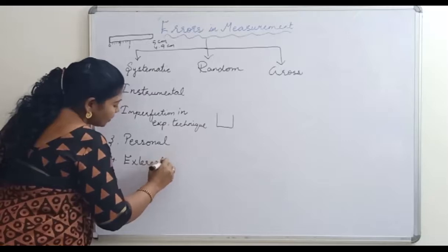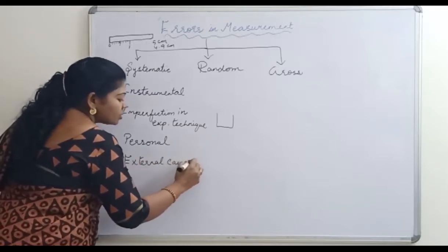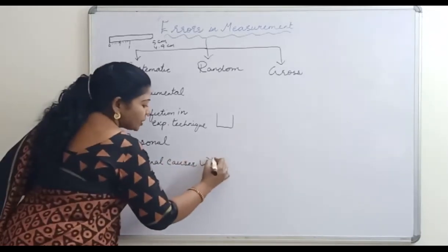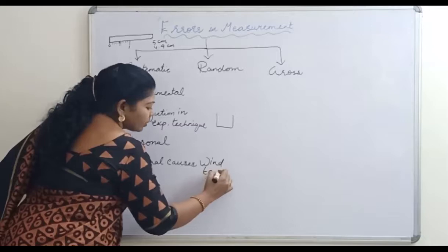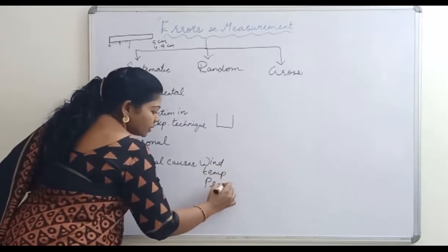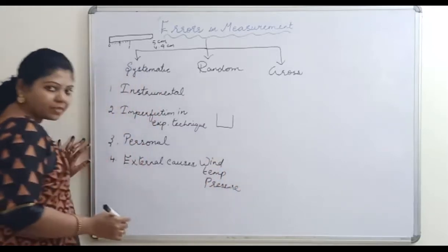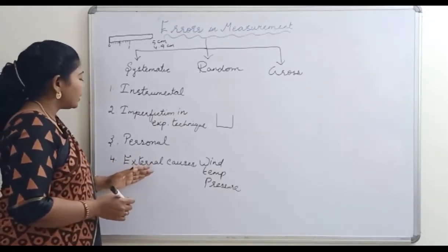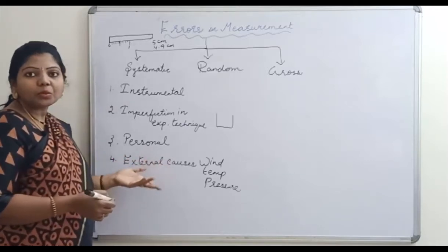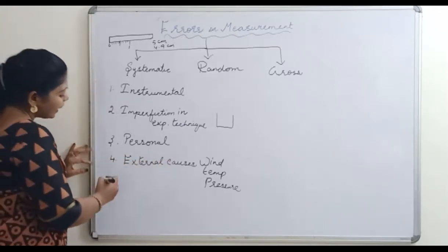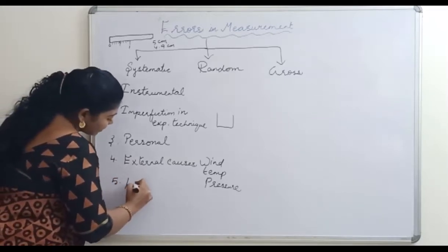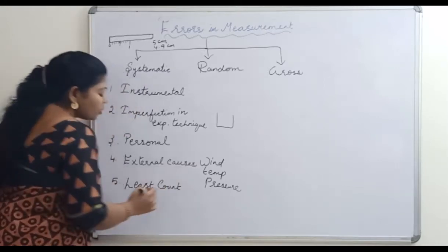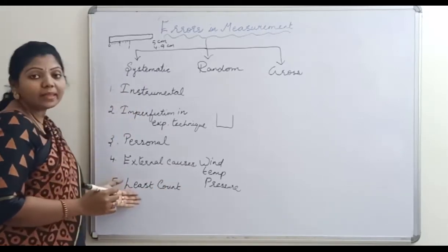Then the fourth one is error due to external causes. Due to external causes like wind, temperature, and pressure, some changes will be there in the readings which we are taking. That error is called error due to external causes. And the fifth one is least count error. So what is meant by least count?